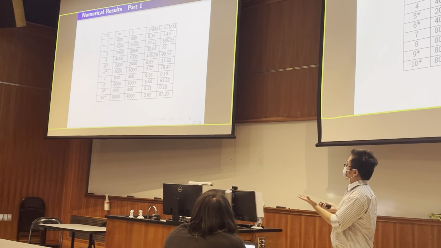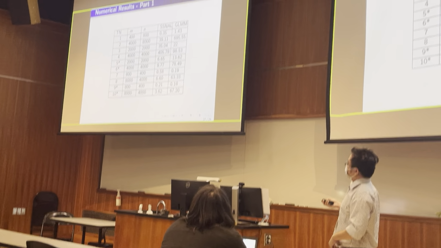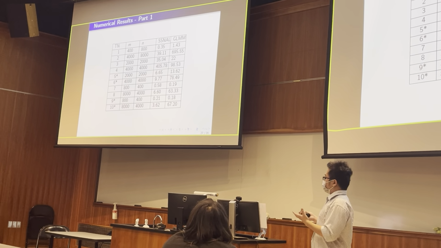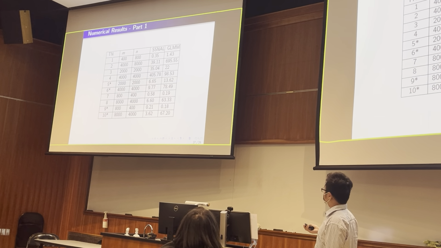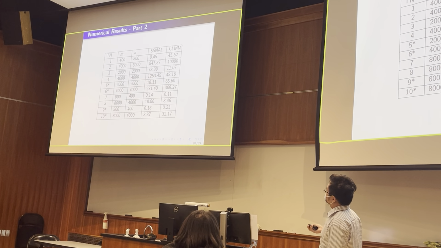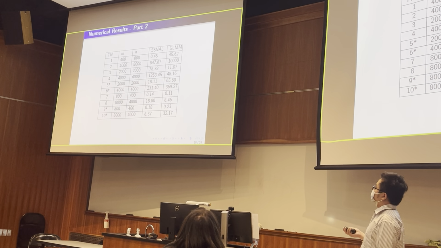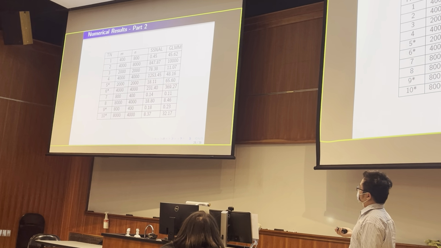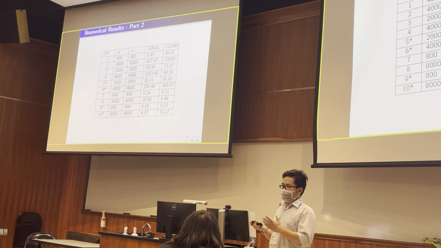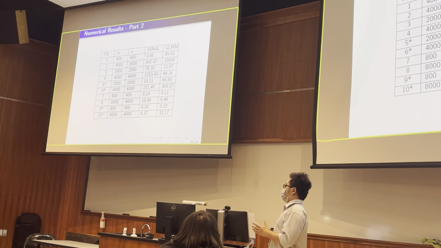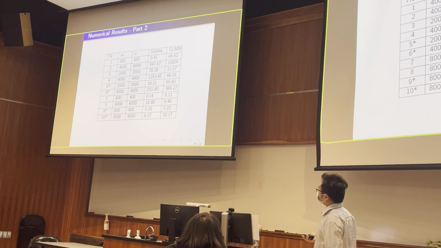But in high dimensional space, it is not as good as the other algorithm. Okay, it's similar in part two of the numerical results: our algorithm is very efficient in the case where the data is not singular and in low dimensional space.